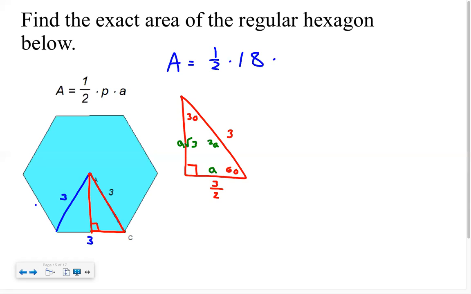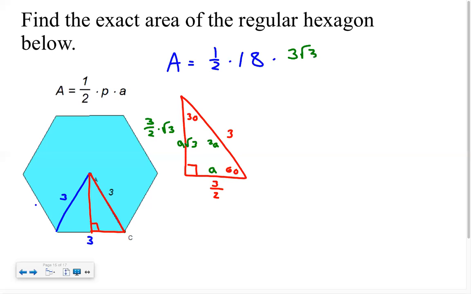The way I would do this, I see A is 3/2. I plug that in here. I get 3/2 times radical 3. You can write your answer like that. You can make that radical 3/1 and then multiply across, 3 radical 3/2. They're both correct. They're both equivalent. That's my apothem.